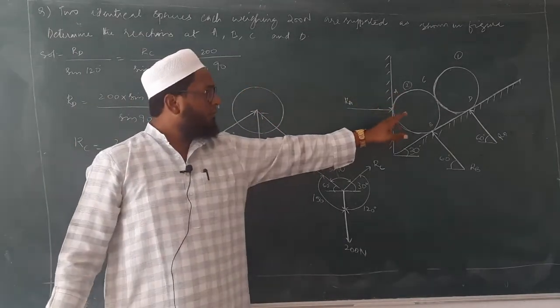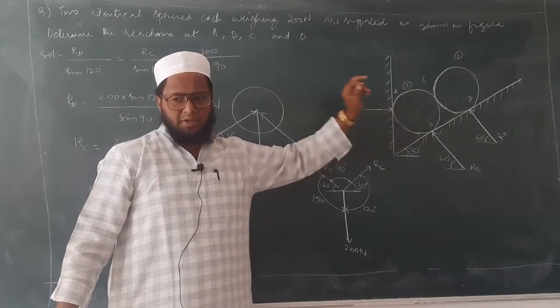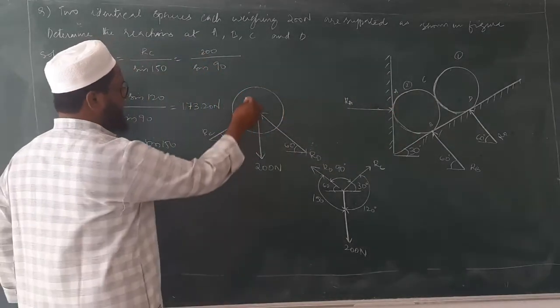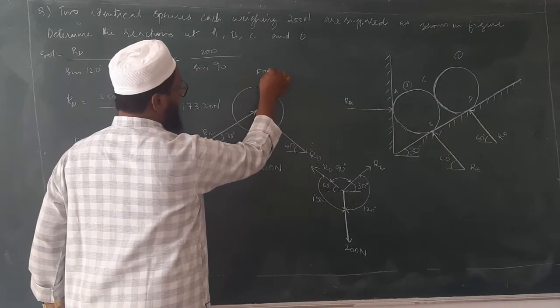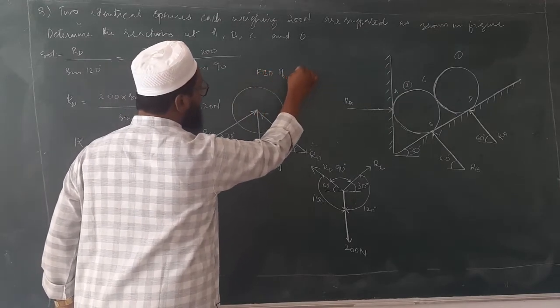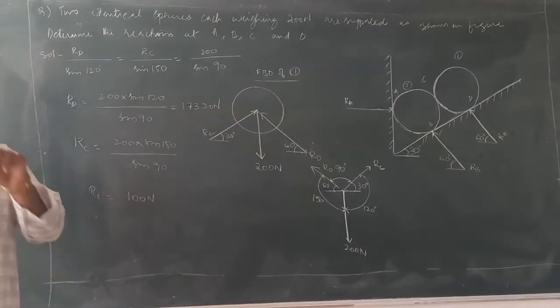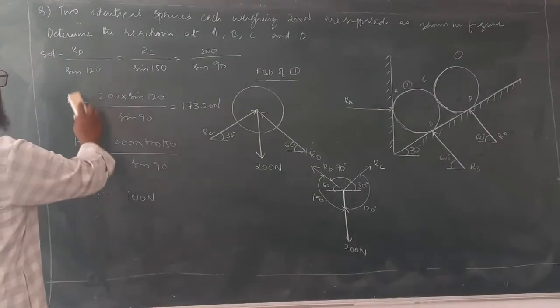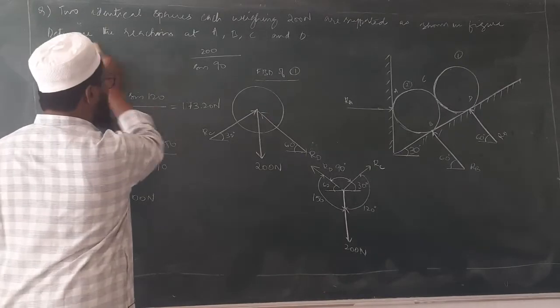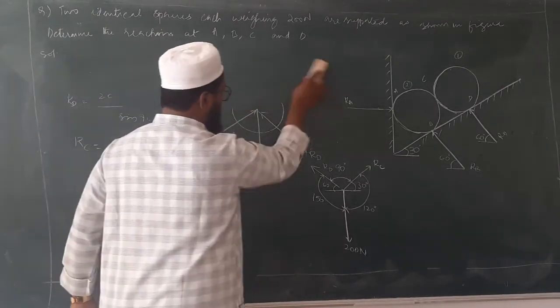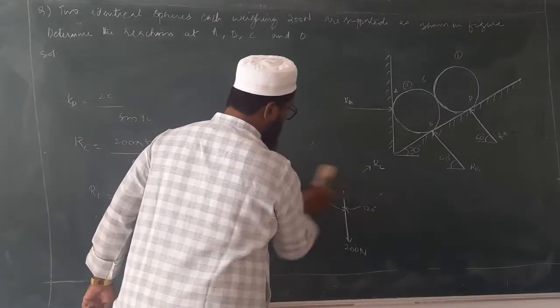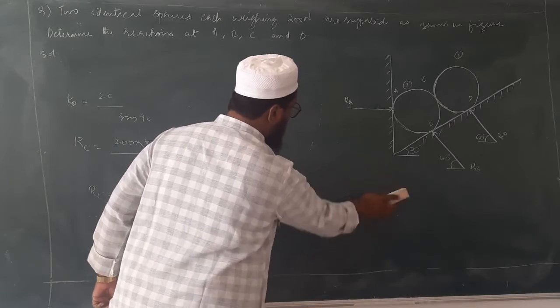Now after this, we'll move to sphere 2. This is the free body diagram of sphere 1. Okay. Copy down this one. Pause it. We'll move to another sphere, that is sphere 2.